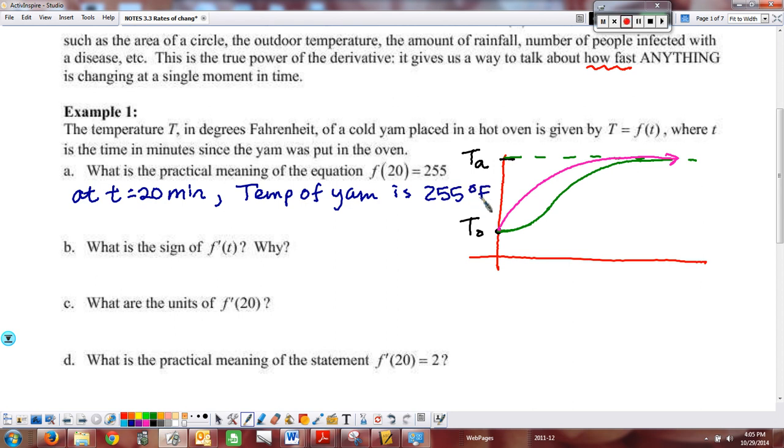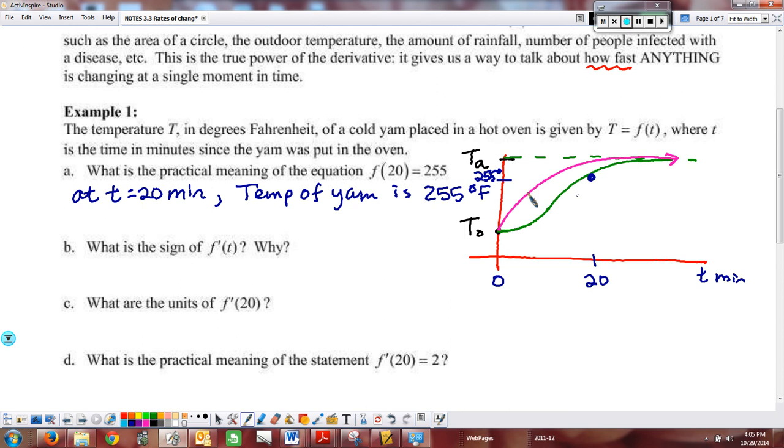The idea is that time 0 is when we started recording our temperature, and then somewhere out here, 20 minutes later, and this is going to be measured in minutes, at time 20 minutes, we are going to have a 255 degree Fahrenheit temperature on this graph. All right, and so that's our interpretation.